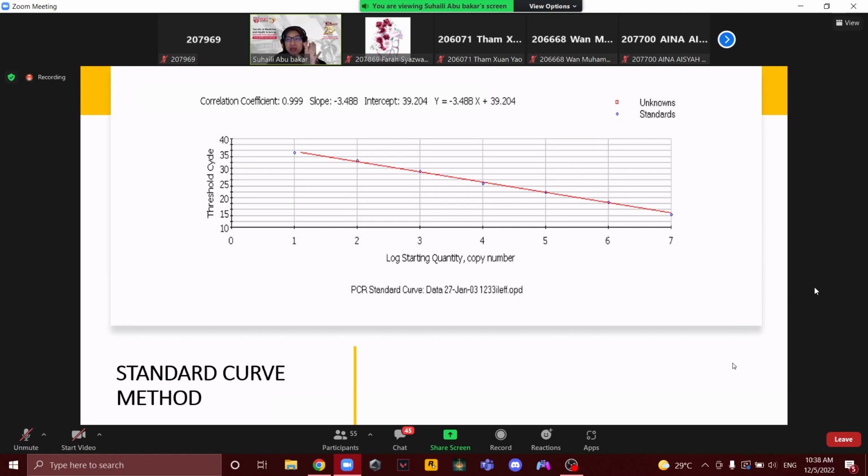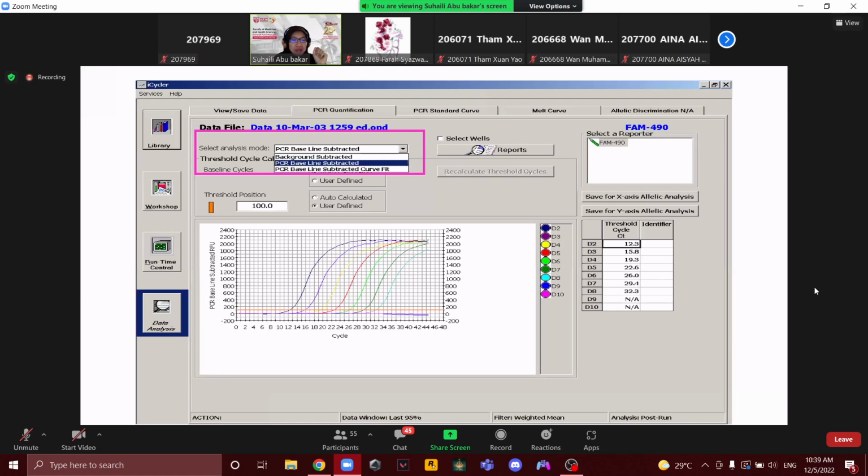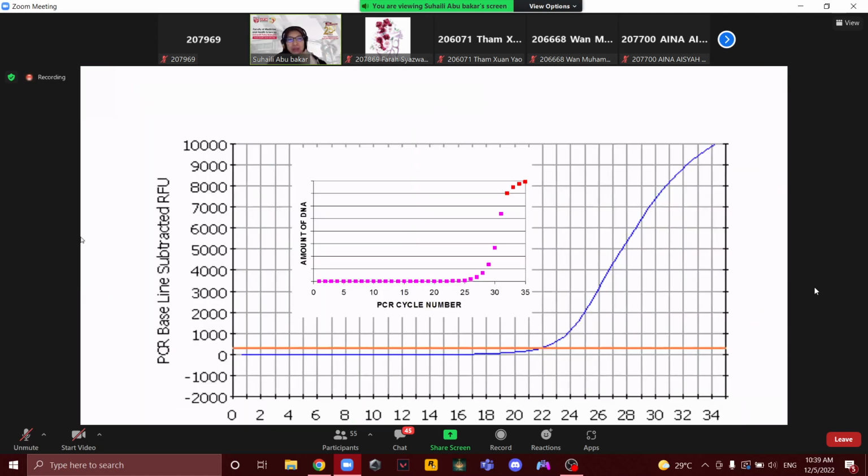So this is an example analysis, the standard curve method and also the threshold method. This is to show you the differences between standard graph PCR and real-time PCR. With real-time PCR, we can see the starting cycle that triggers the amplification.